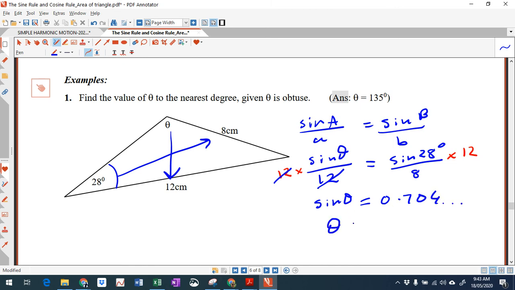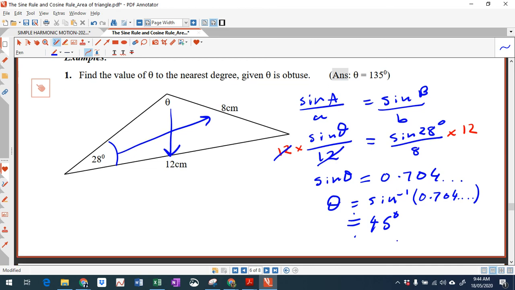So theta is equal to the inverse sine of 0.704 dot, which equals, so shift sine, press the answer button, equals. So that's going to give, say, to the nearest degree, so I'll just round it straight away. To the nearest degree, you're going to get 45 degrees approximately, okay?